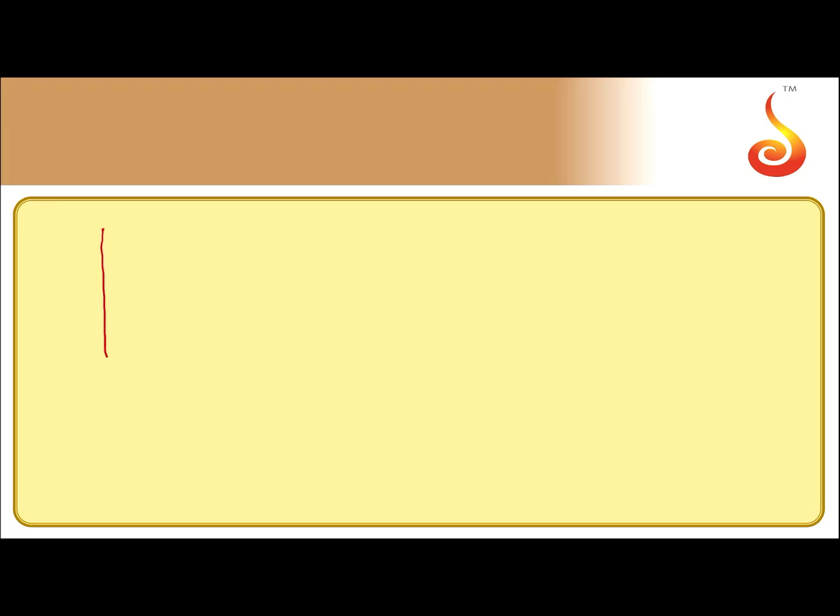There are two cylinders. Let's assume that there is a stopcock. It says identical cylinders, that means their cross sectional areas are the same.